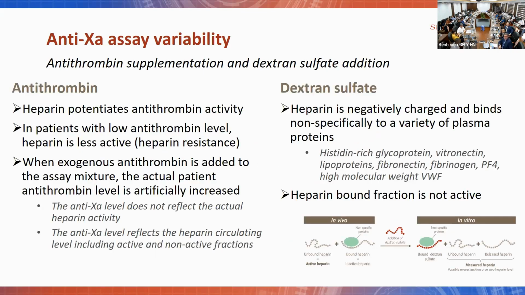So if we look more in detail at the supplementation of the assay with dextran sulfate and also antithrombin, just because historically the anti-Xa assays have been designed to measure the activity of heparin solutions, aqueous heparin solutions that were prepared by manufacturers manufacturing heparin.